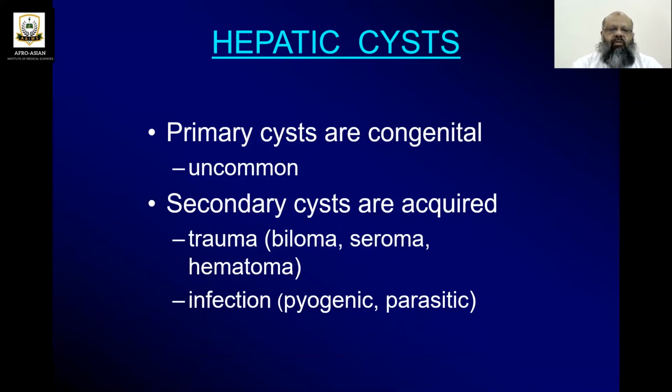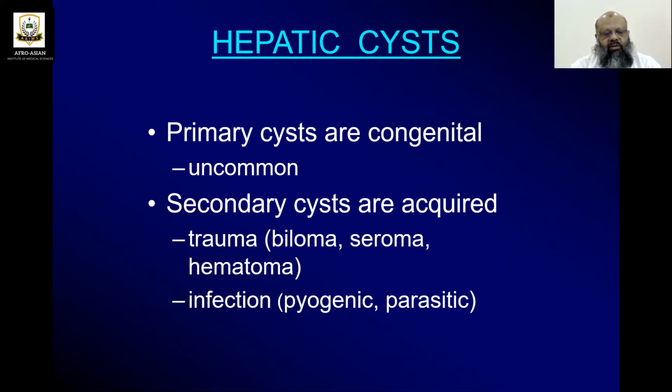Hepatic cysts, primary cysts are congenital, secondary cysts are acquired. As we discussed, the primary cysts which are congenital are 2 to 5% in population, their incidence, and secondary cysts are acquired due to trauma like biloma, seromas, and hematomas, having serum or blood or bile inside.